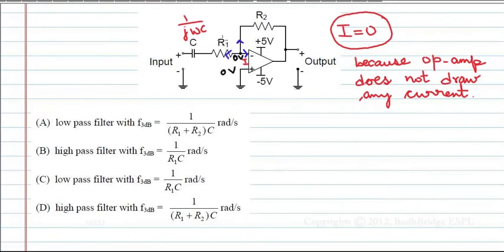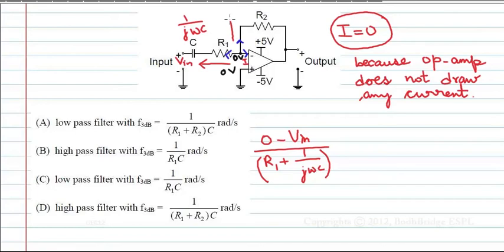Therefore, applying KCL. KCL states what? Sum of all the leaving currents at a node is equal to 0. Apply this property. Therefore, the leaving current at this point is (0 minus V input) by (R1 plus 1 by j omega C). This is the first current that is leaving, that is this current.